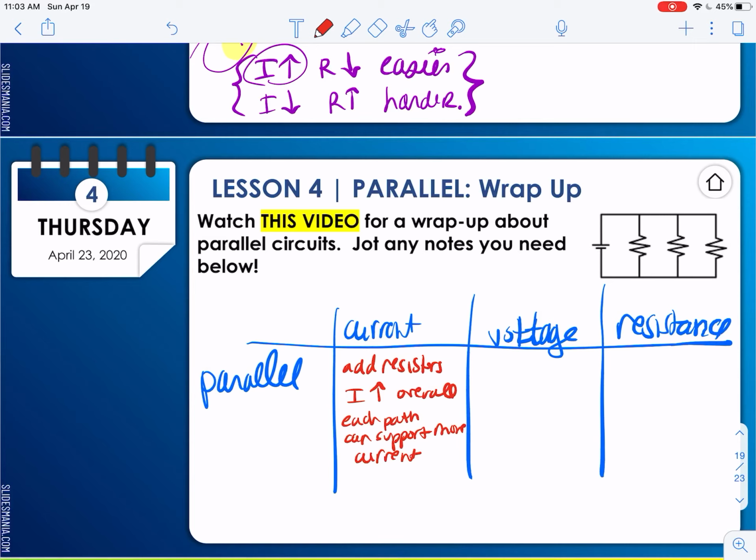I'm adding more paths, which overall means more charges are going to be able to get through. So when I add resistors, they go up, and then the current total is going to equal all the current in the branches added together. Because all those charges are going to split apart, and then they're going to come back together to make the total. As for voltage, the voltage is the same in each branch.